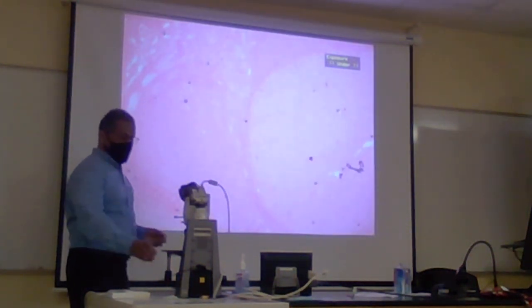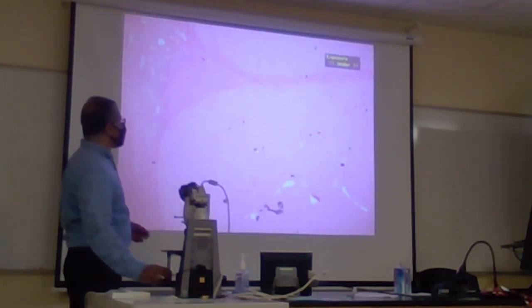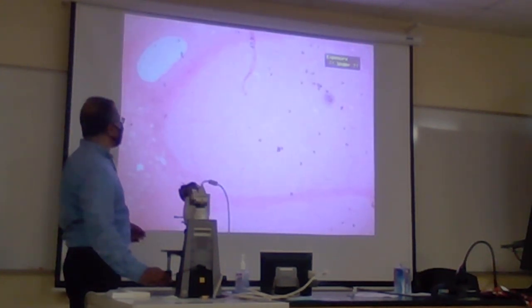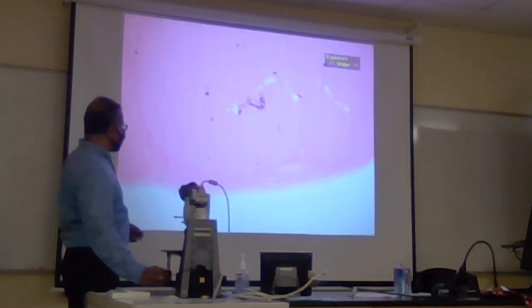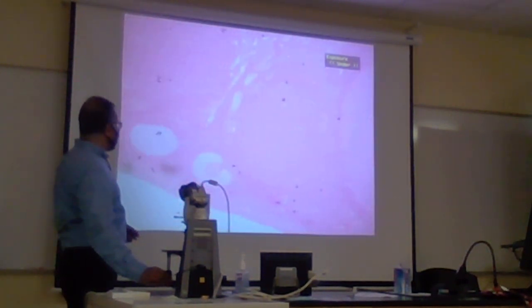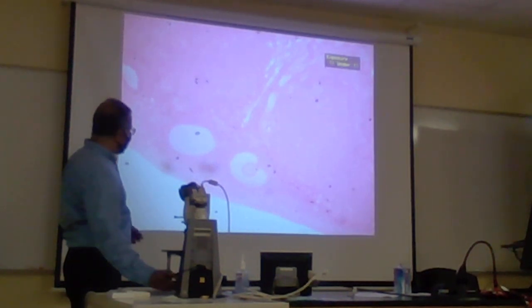At low power, see how massive these things are. Look at the corpus luteum right now. This is one massive corpus luteum. This is another corpus luteum. So let's walk with this. Let me show you some follicles.